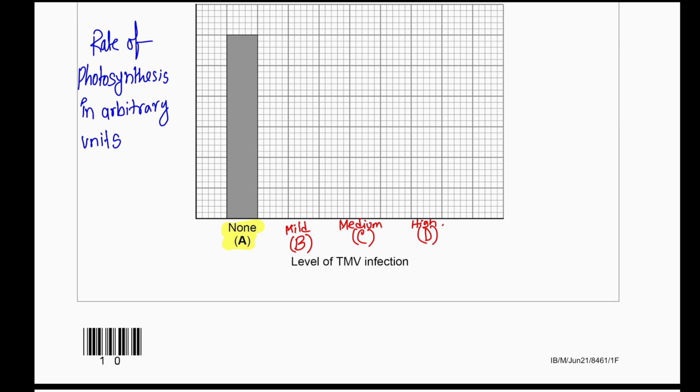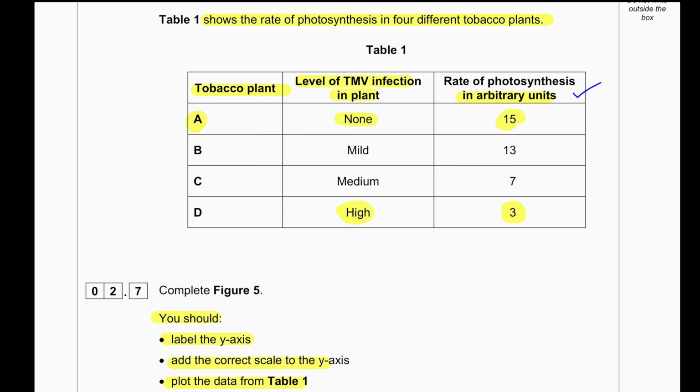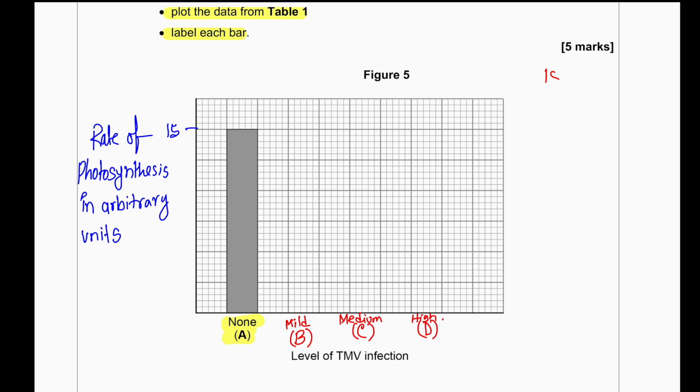Since the first, none, is up until 15, let's label it 15, and we can see there is a total of 6 boxes for 15. So we will have to divide the 15 by 6 and the answer will be 2.5.